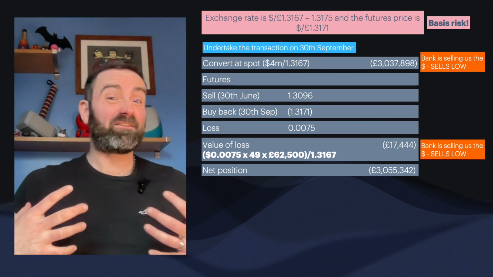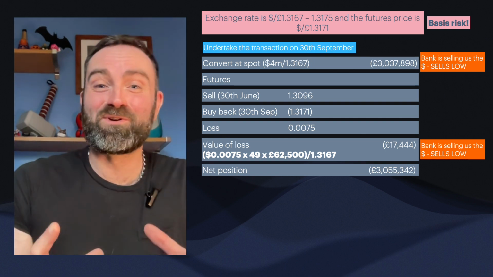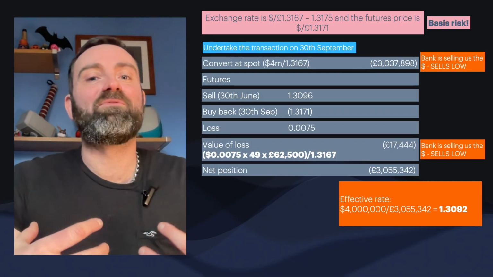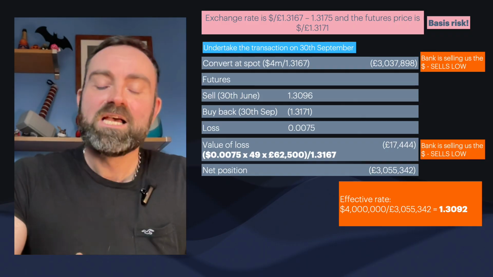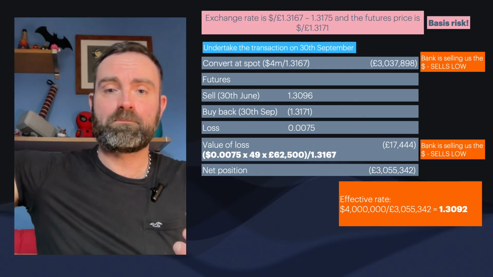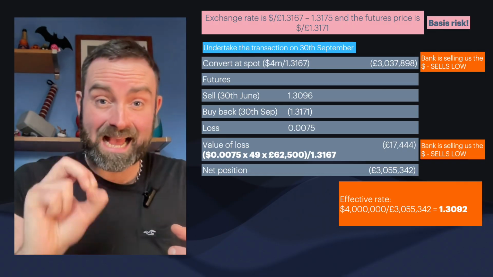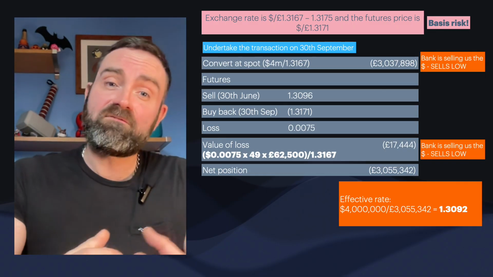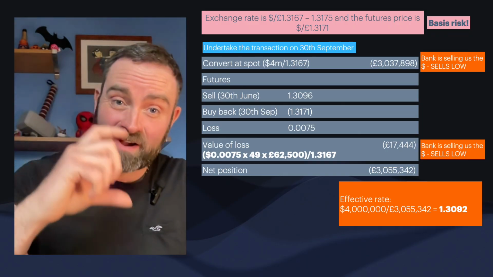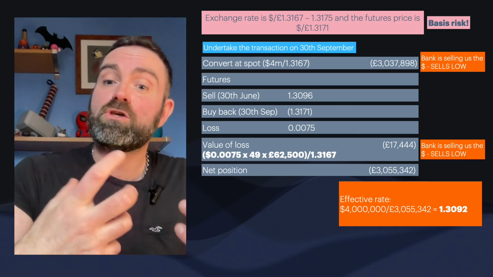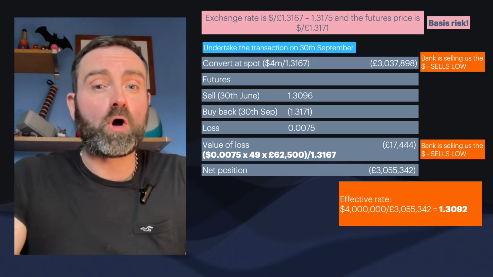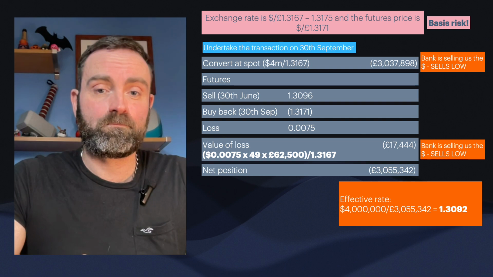Now, it's worth checking to see if this result was reasonable, because there's a lot that can have gone wrong with this transaction. So what we can do is we can work out the effective rate. So we've cleared our $4 million. We've paid off $4 million, and that has cost us in sterling after the hedging £3,055,342. So if you take your dollars and you divide them by the sterling amount, you'll get the effective exchange rate that you've achieved, which in this case is 130.92.